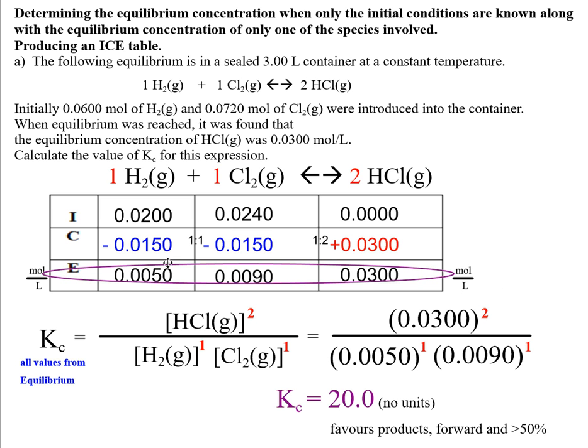I do my substitution of these and receive a value of my equilibrium constant to be 20.0, which means that if it's greater than 1, it favors the products, favors the forward reaction, and the percent reaction is greater than 50%.